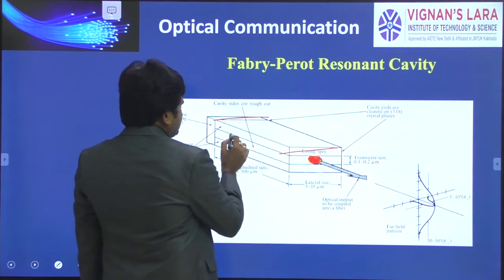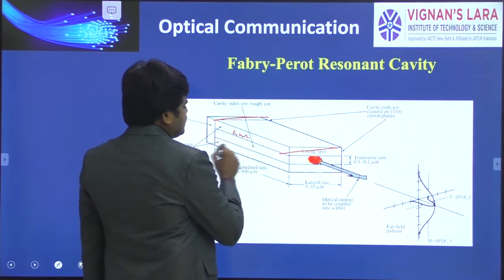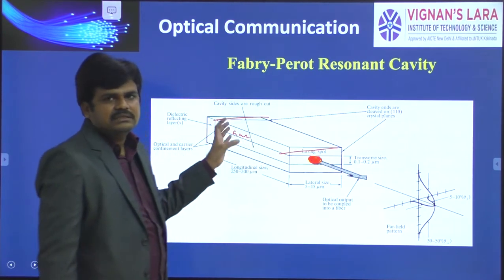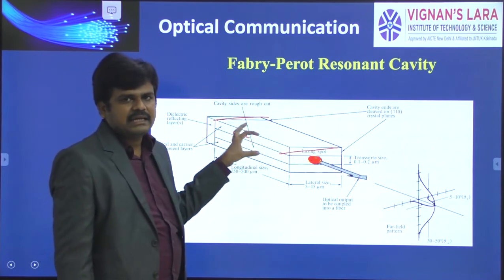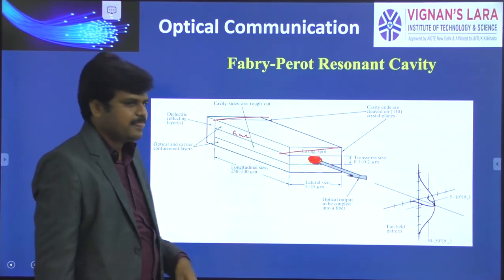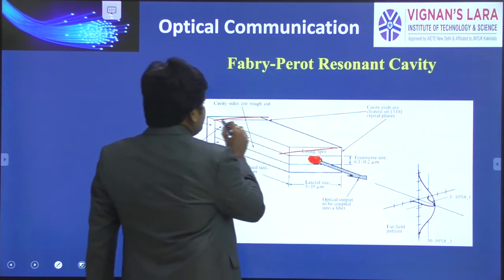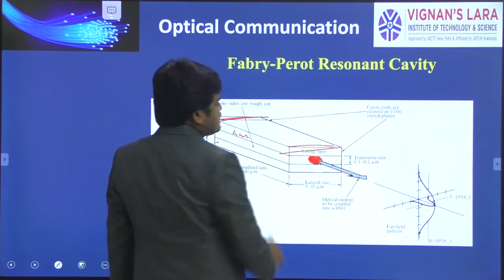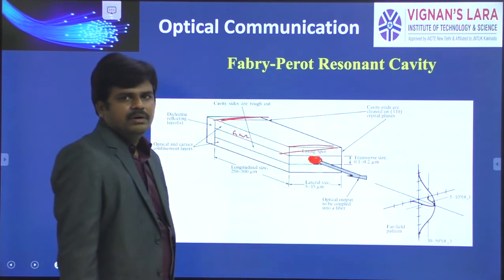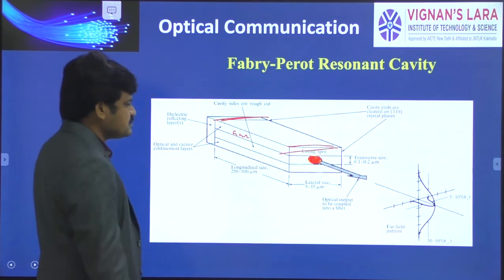These are made up of gallium, aluminium and arsenide, which are the materials generally used. Two reflective mirrors are inserted.